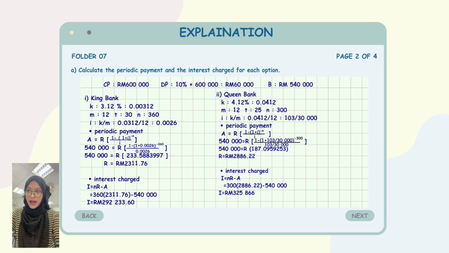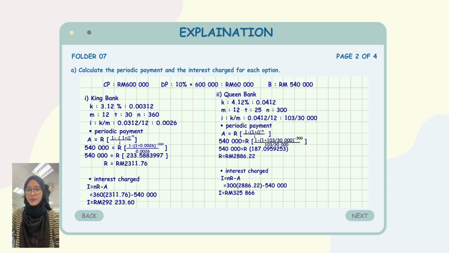I is K over M, which is 0.0312 over 12. And the periodic payment is A equals R in bracket 1 minus in bracket 1 plus I in bracket the power of negative n over I in bracket, and then substitute the information in the formula. The interest charge is I equals n times R minus A.